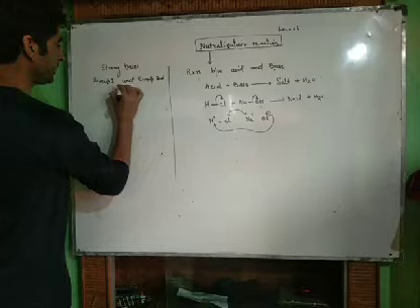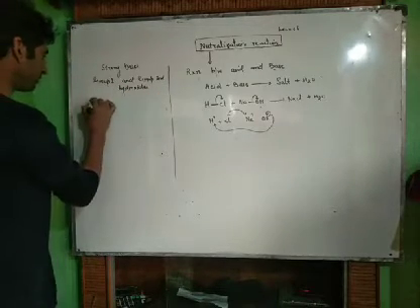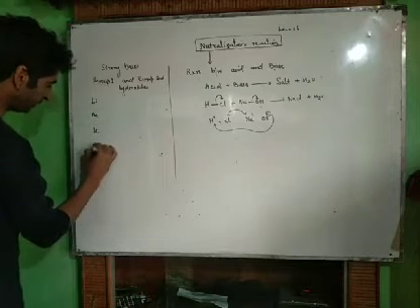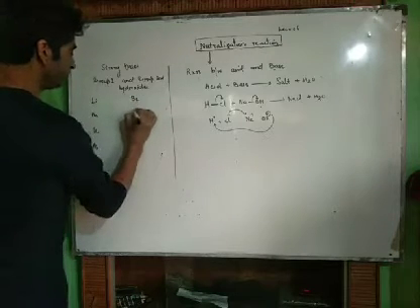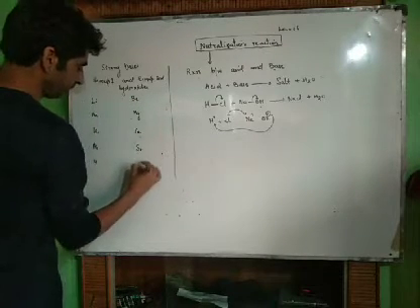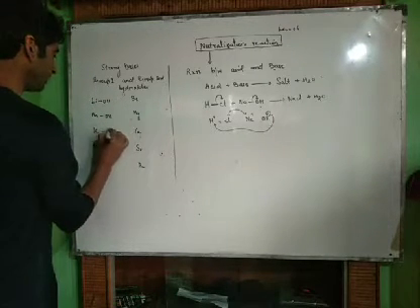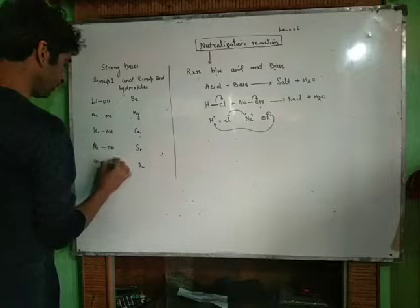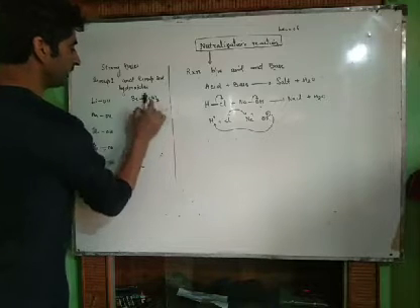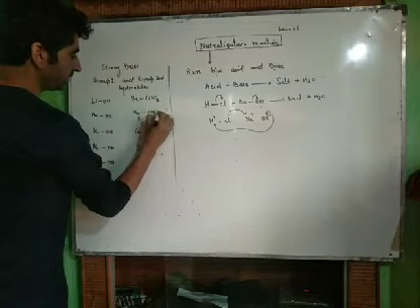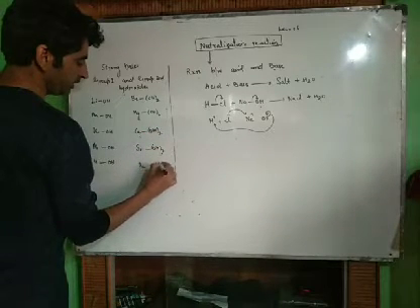In group first we have lithium, sodium, potassium, rubidium, cesium, and in group second we have beryllium, magnesium, calcium, strontium, barium. Their hydroxides are lithium hydroxide, sodium hydroxide, potassium hydroxide, rubidium hydroxide, cesium hydroxide, and Be(OH)2, Mg(OH)2, Ca(OH)2, Sr(OH)2, Ba(OH)2, with the subscript 2 because they are bivalent.